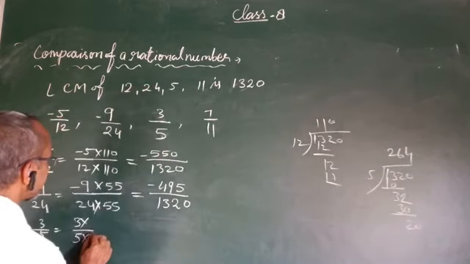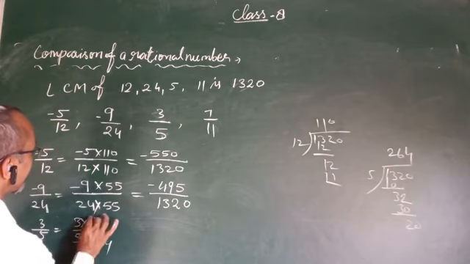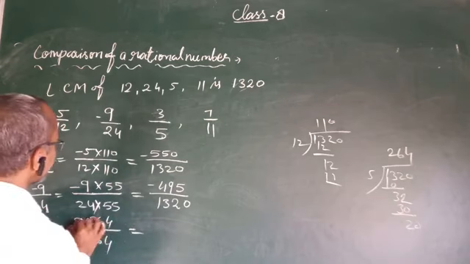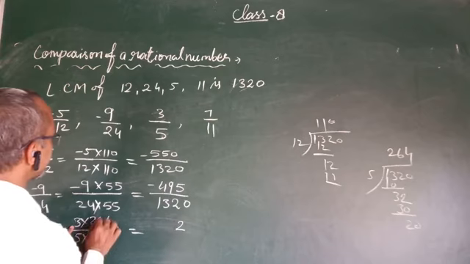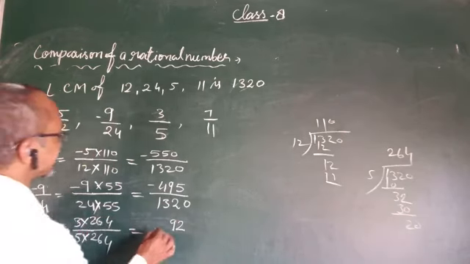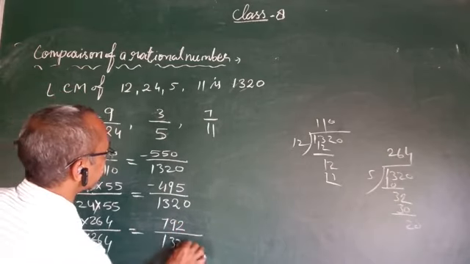Means here you have to multiply 3 into 264. It will become 3 4s are 12, 3 6s are 18 and 1 is 19, 3 2s are 6 and 1 is 7, 792 upon 1320.